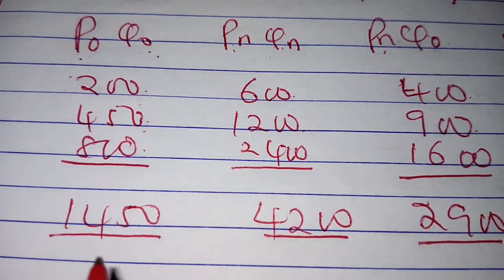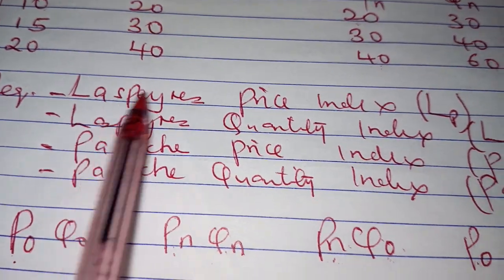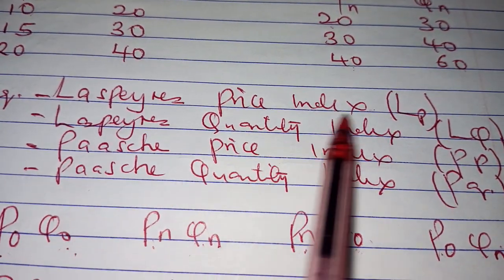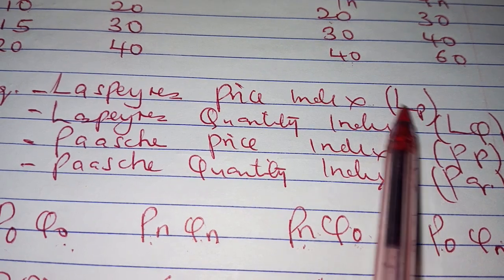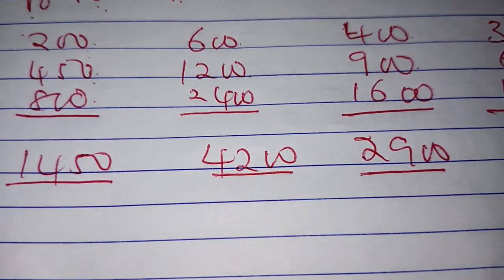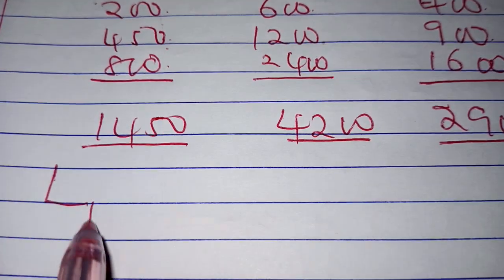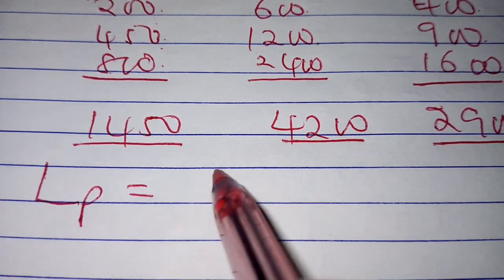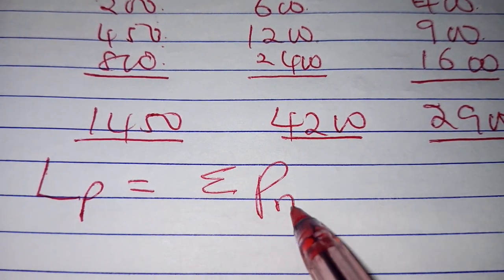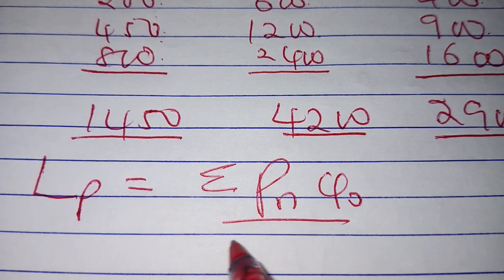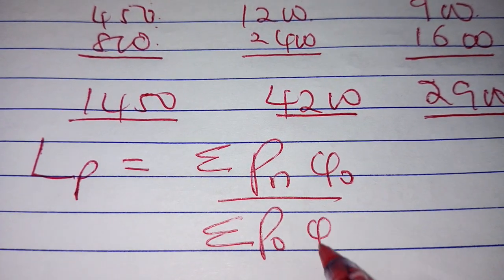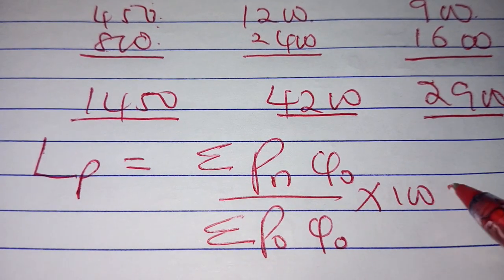Now, the first question was the Laspeyres price index, LP. From the previous study, we have seen the Laspeyres price index is given by the summation of PNQO divided by the summation of POQO, multiplied by 100.